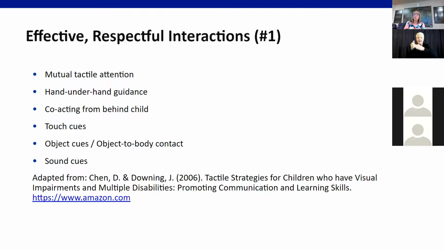For exploring books that might have braille in them, we can pull our hand back and let them touch the bumpy dots. We'll see in a video in a few minutes about some of the applications of this. But how nice this is for kids to have somebody who is not controlling their hands, but is simply helping them or guiding their hands as needed.